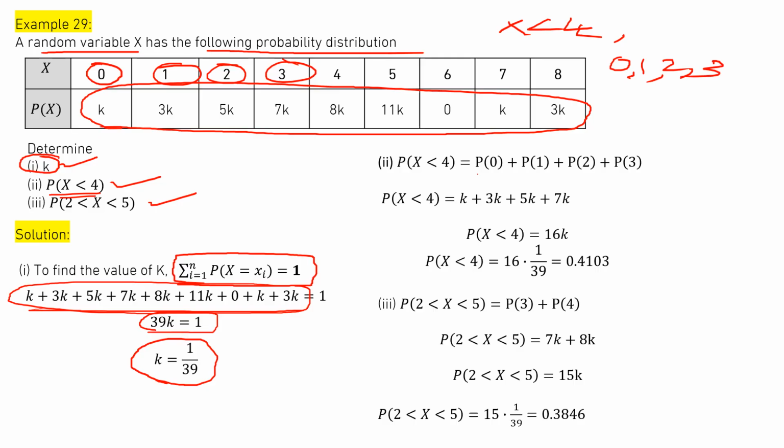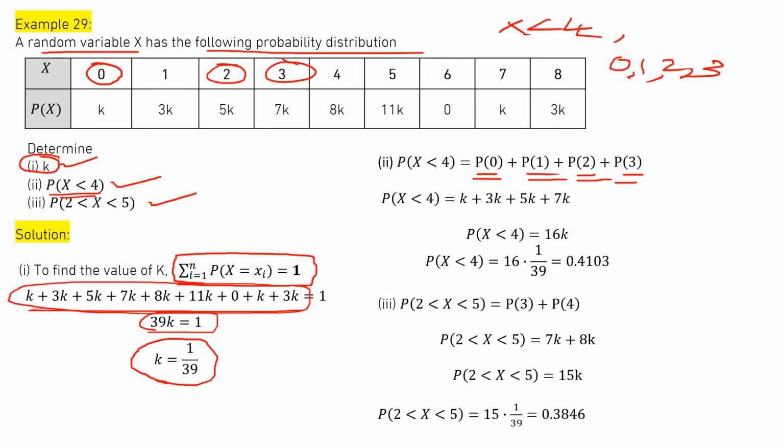That means we have to add P of 0, P of 1, P of 2 and P of 3. What is P of 0? P of 0 is k. So here you write k plus P of 1. What is P of 1? 3k. Then P of 2, 5k.